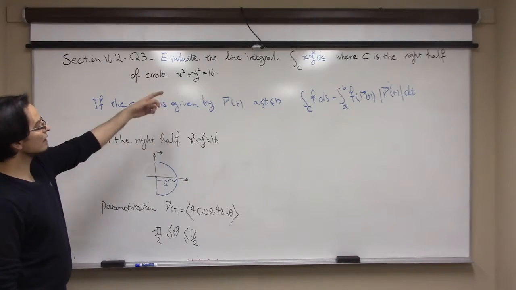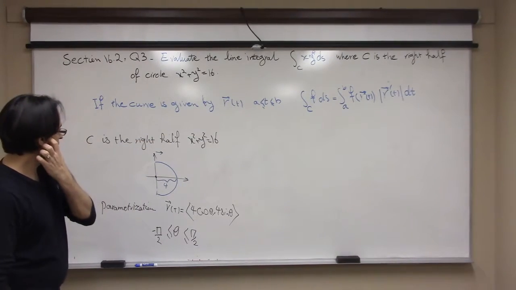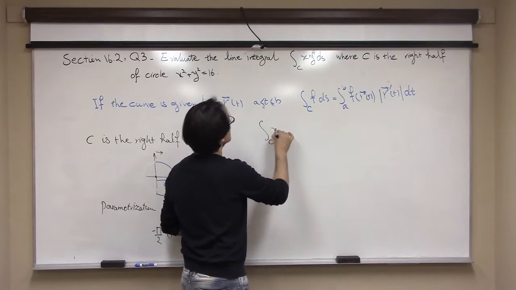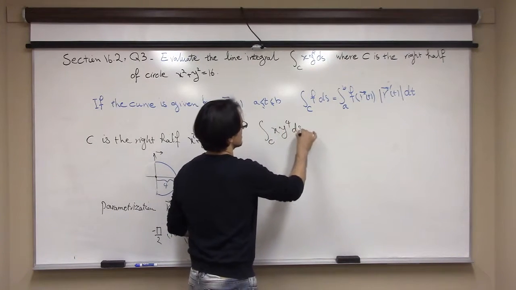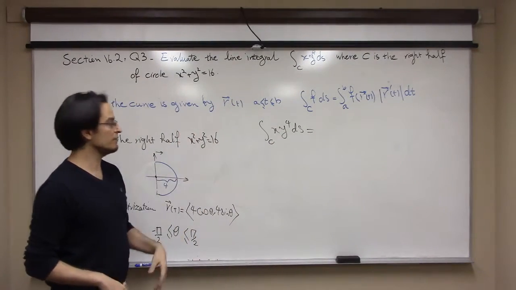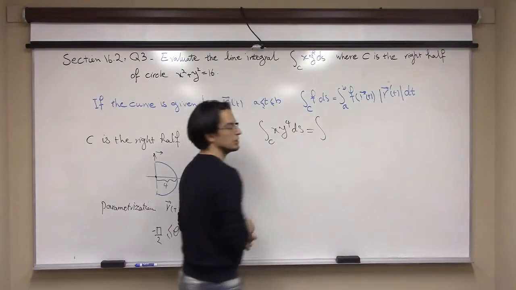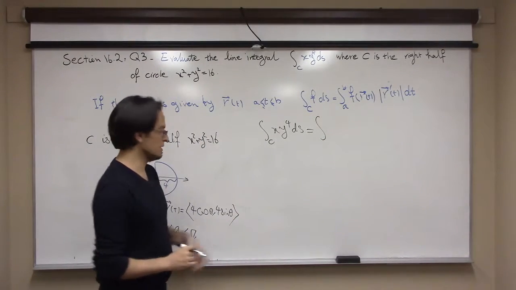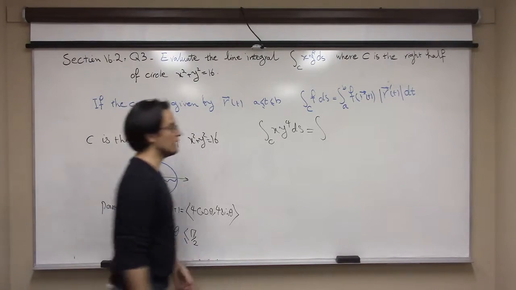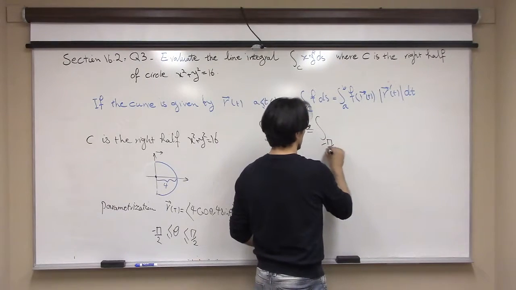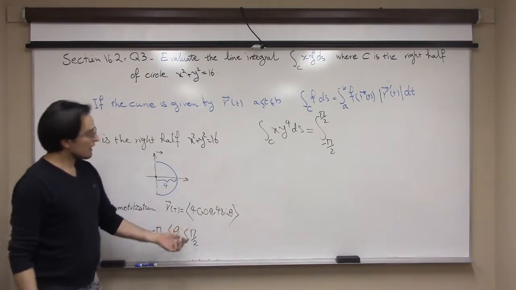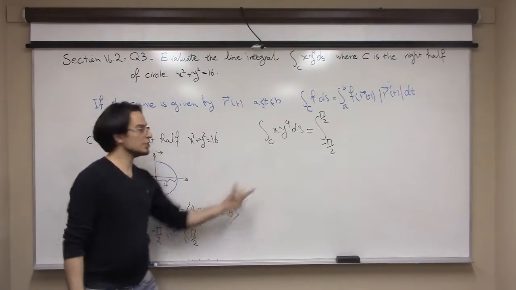Then I can go ahead and just plug in everything there. The integral of x y to the 4 ds. I'm going to apply all the steps I explained before. Write your integral in theta, meaning change the boundaries of your parameter, going from negative pi over 2 to pi over 2. Plug in your parameterization in your function.